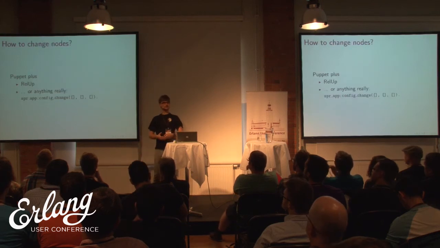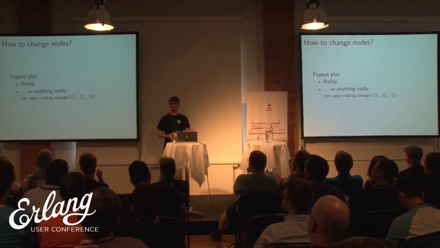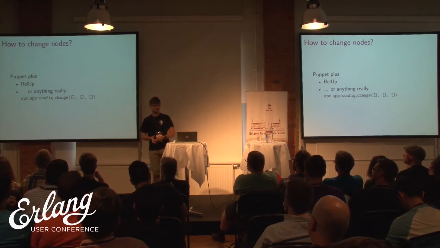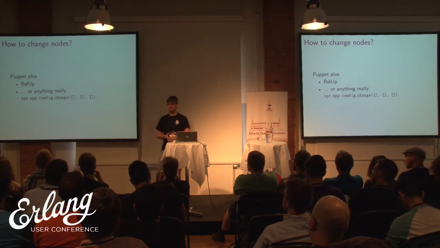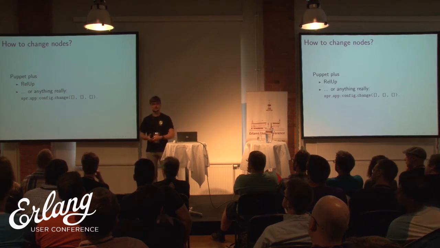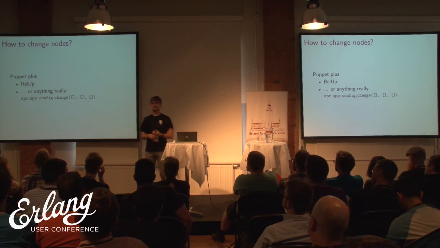I mentioned also that the environment is dynamic. We support a dynamic environment, and this is what we heavily do at Spil, especially with cloud computing and on-demand machines. How do we change the hosts that we connect to? We use Puppet for propagating the configuration files. Propagating the configuration files is not enough. You also have to ping your node that, hey, something changed, do something about it.